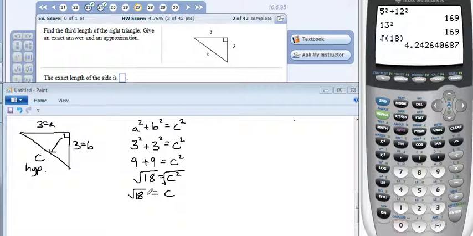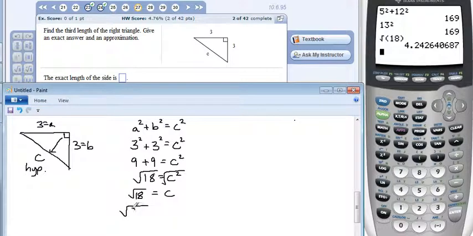But I have to go back into my radical rules and say, how do I express radicals? Well, I know that I can't have a perfect square underneath there, so I have to take it out. So I can say 18 is 9 times 2, and then I can split it: the square root of 9 and the square root of 2.